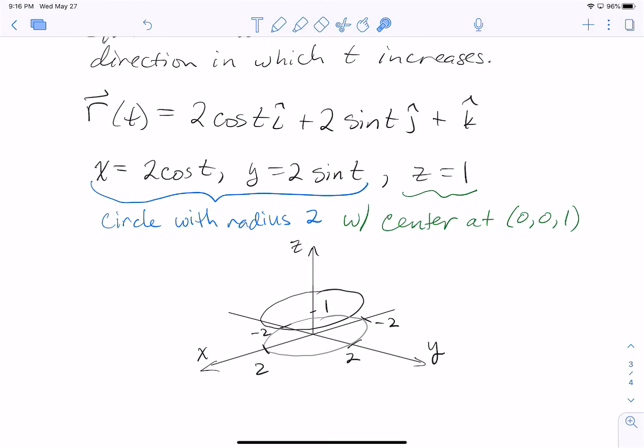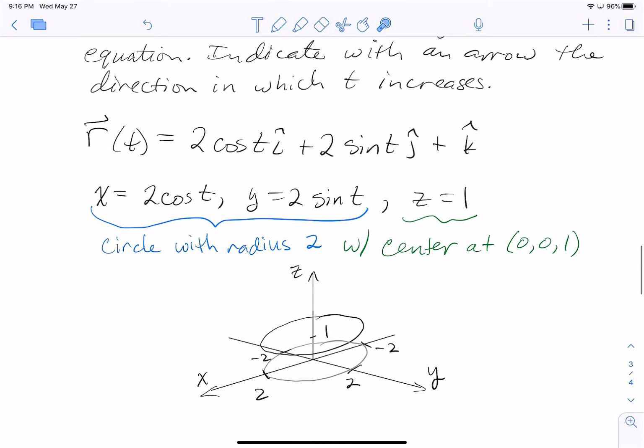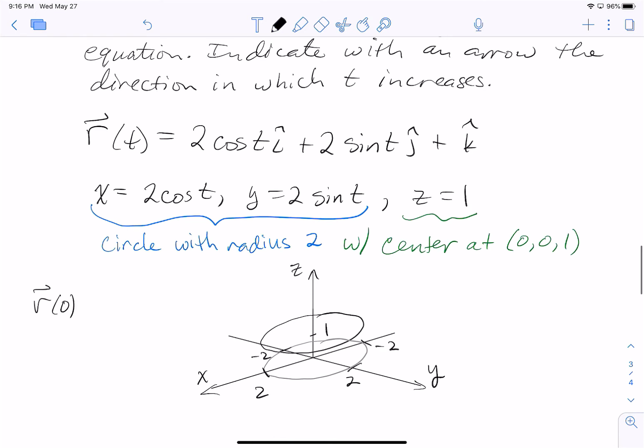Now we've almost done everything that was asked, but we are to indicate with an arrow the direction in which t increases. For this, I'm going to put in a couple of values of t. I only need 2 to figure out the direction. I'm going to look at r of 0 and then r of pi over 2. r of 0 is going to give us the vector 2, 0, 1. r of pi over 2 is going to give us 0, 2, 1.